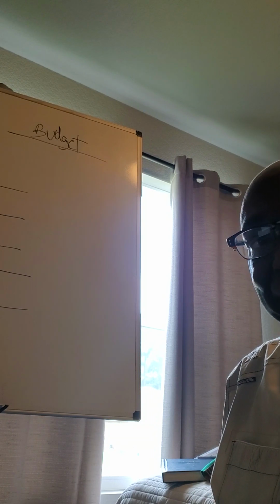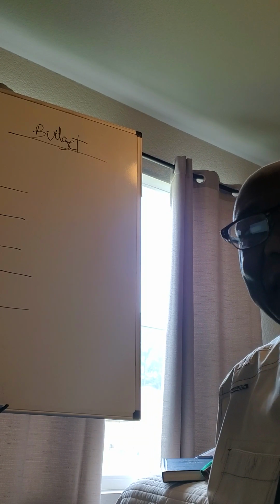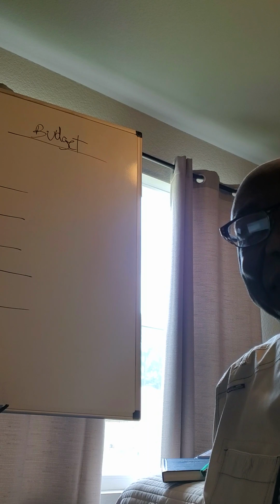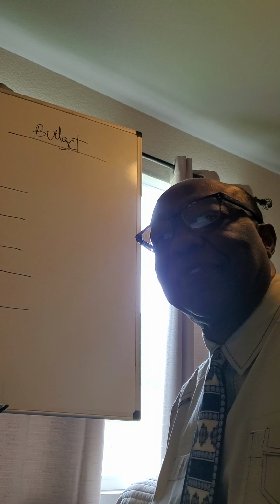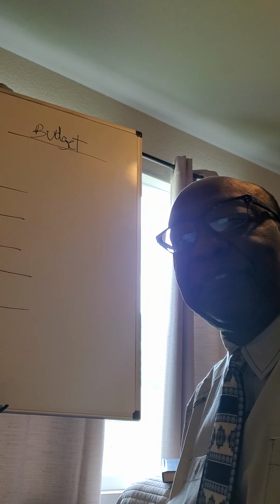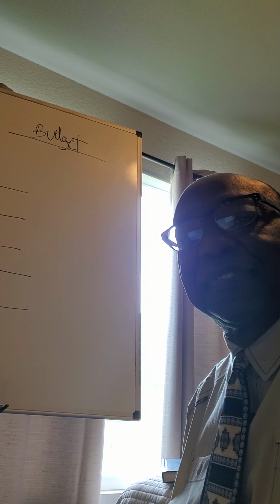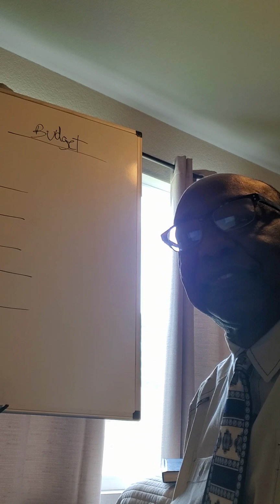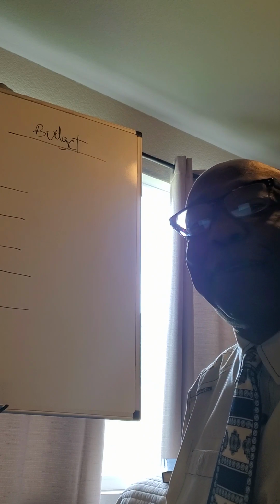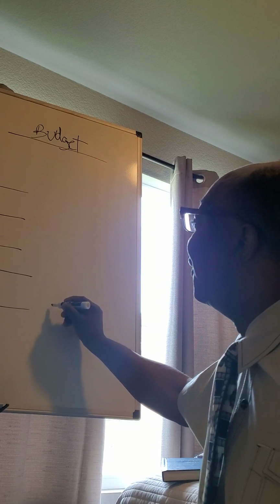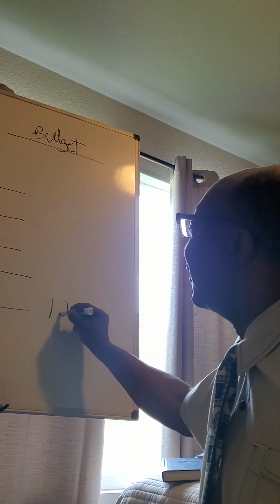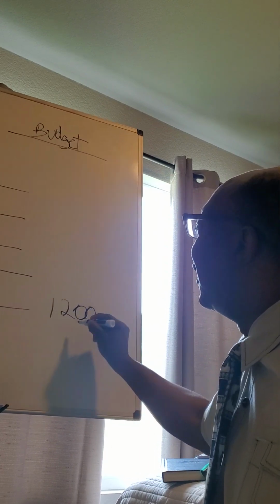How much money would it cost? I buy in bulk, so it's a little different. But a good number to use for that is at least $300 a month. Okay, 3 times 4 is how much? 12? $1,200? Very good.